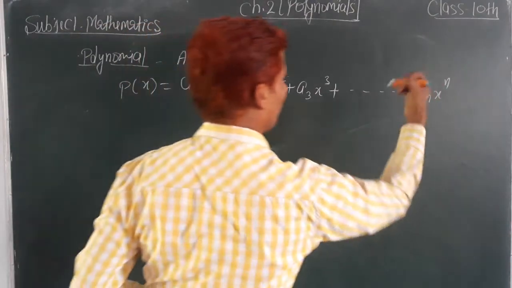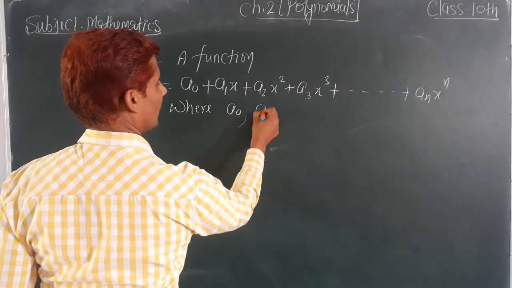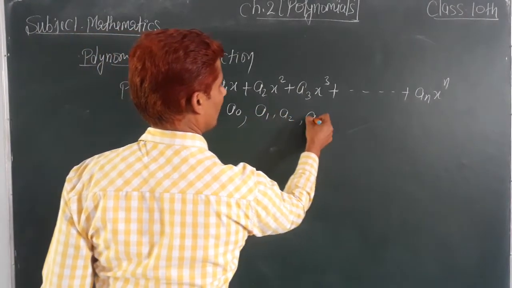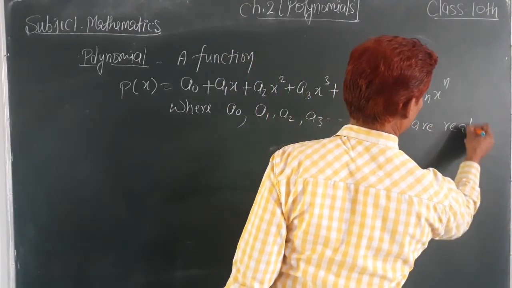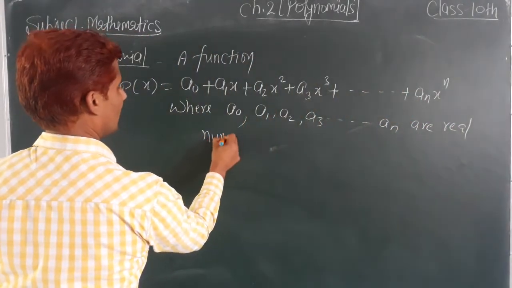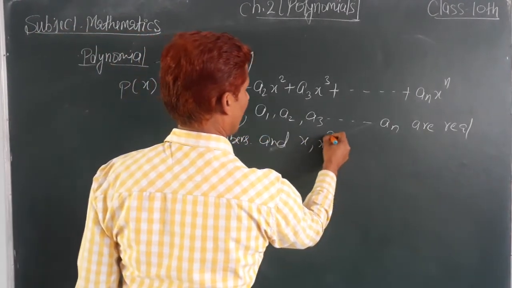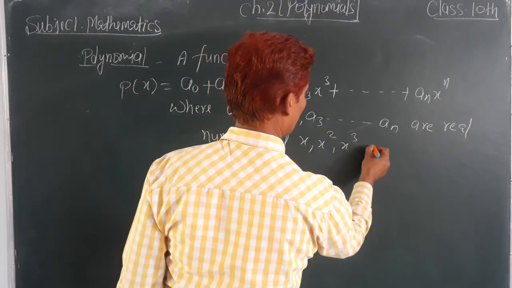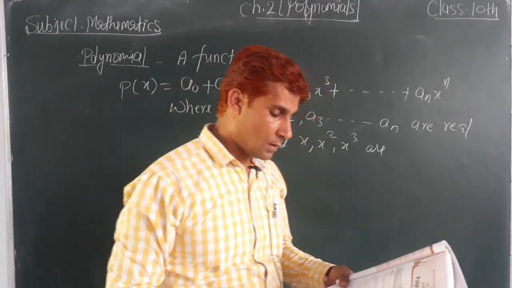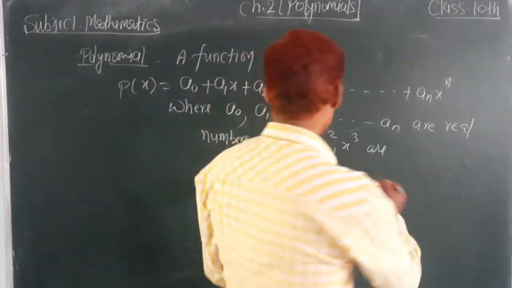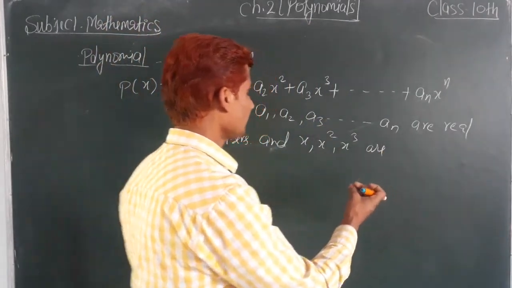This is a polynomial where a naught, a1, a2, a3 and so on up to an are real numbers, and x, x square, x cube are the variables.